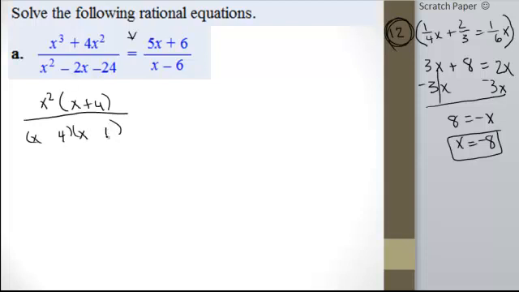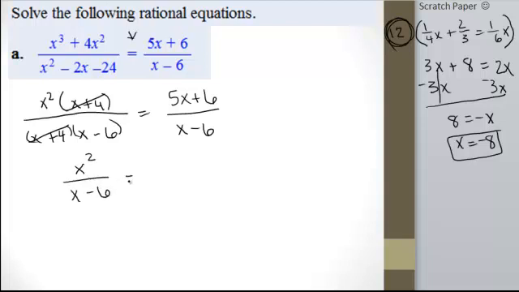It'll be a 4 and a 6, where the 6 is negative and the 4 is positive. This side, it looks like it's already completely factored. Okay, I did that because now we can reduce these x plus 4's, right? So we end up with x squared over x minus 6 equals 5x plus 6 over x minus 6.